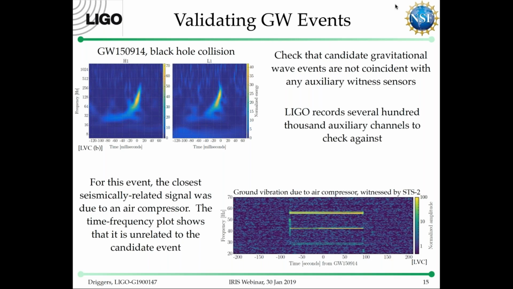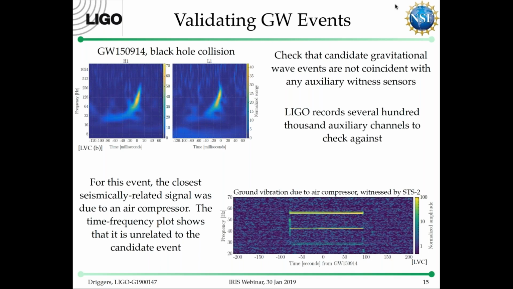It lasts much longer, many, many tens of seconds longer than the gravitational wave itself, which is lasting a few tens of milliseconds. Also, none of these seismic signals, the kind of bright streaks in the seismic plot, are increasing in frequency as a function of time. So they don't look anything like a gravitational wave would be expected to look.